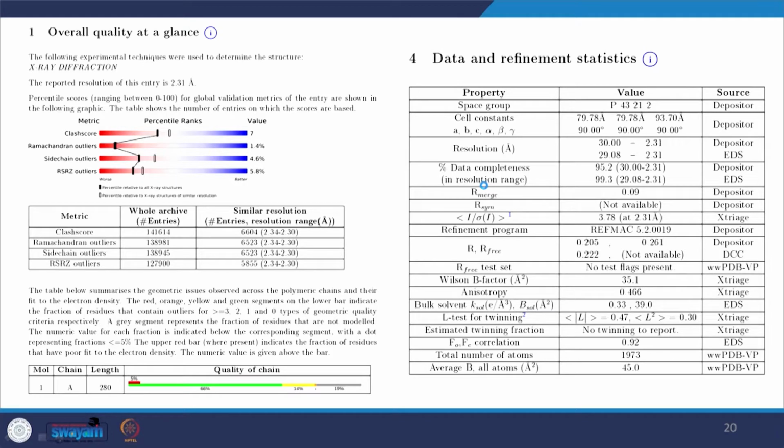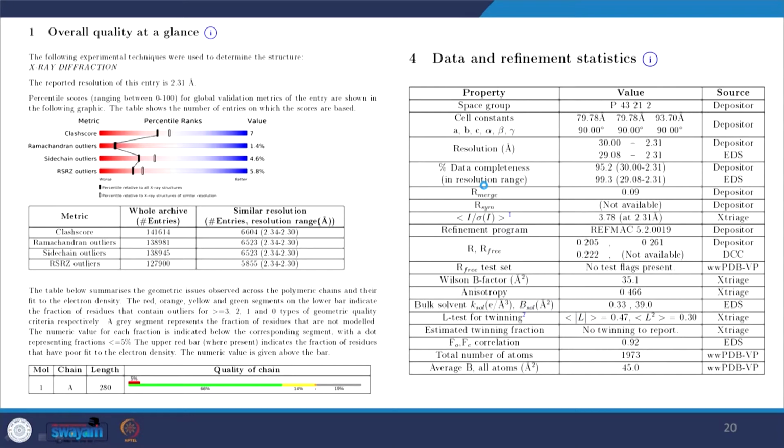So, as I told, overall quality at a glance here, the following experimental techniques were used to determine the structure: X-ray diffraction. So, the technique is given, the resolution is 2.31, the resolution is given, the percentile score for global validation matrix of the entry are shown in the following graphic.